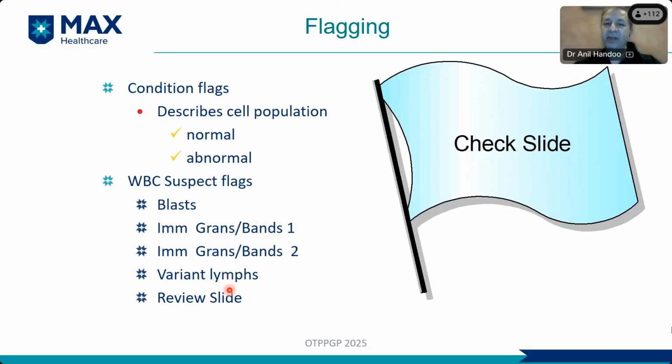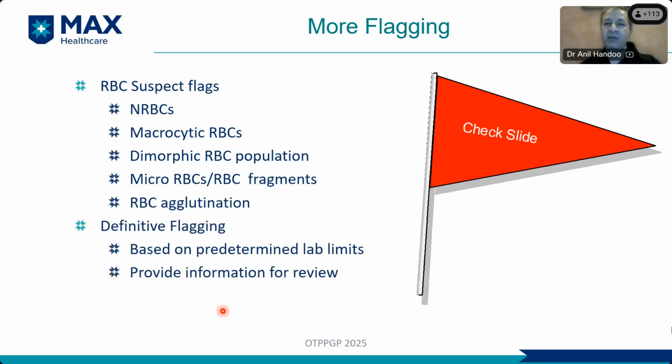And remember, when it gives you a review slide flag or an R flag, you're always expected to review the smear. Then if you look at other flags which can come out, more definitive flags, that's what we call them. You can have a flag of nucleated red cells, especially in today's new age hematology analyzers. You can have flags which can flag macrocytic red cells, dimorphic populations, etc. You can also have flagging defined on your lab limits.